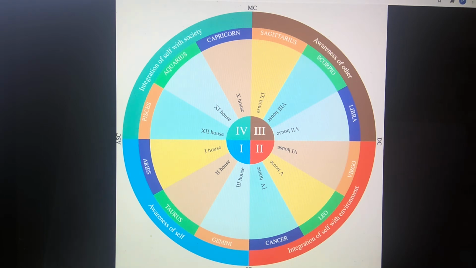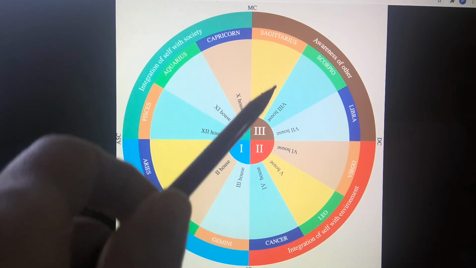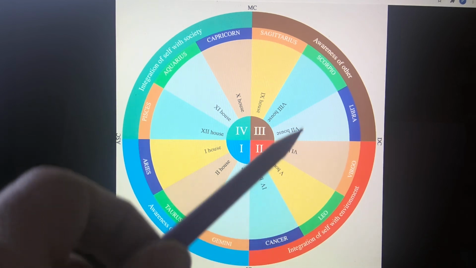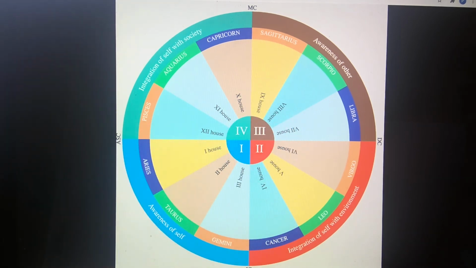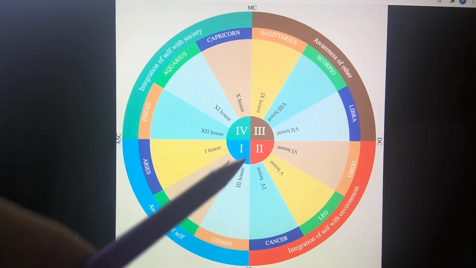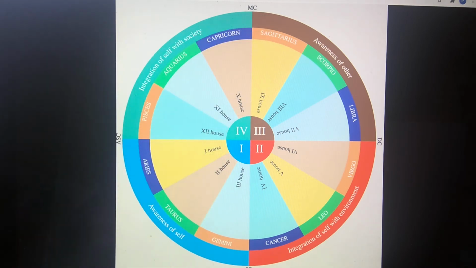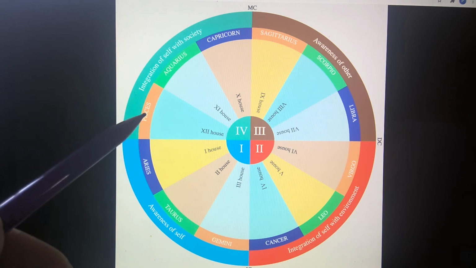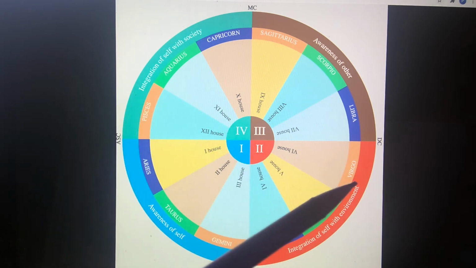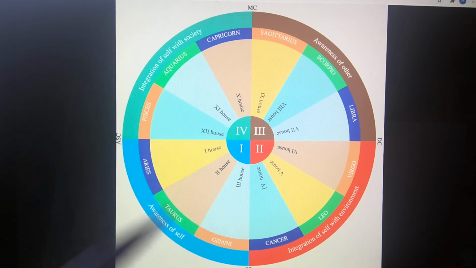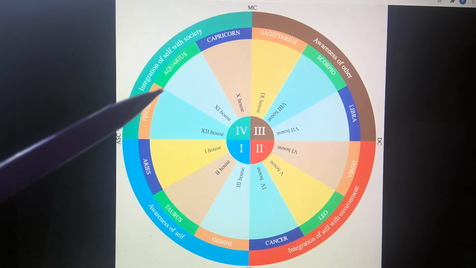Last time we talked about things being at a 90-degree angle to each other and what that means. Because the nodes are obviously a 180-degree axis at all times, whenever something is at a 90-degree angle, in this case it would be Pisces or Virgo, since we're talking about the Gemini-Sag axis, that's going to be at a 90-degree angle to both.